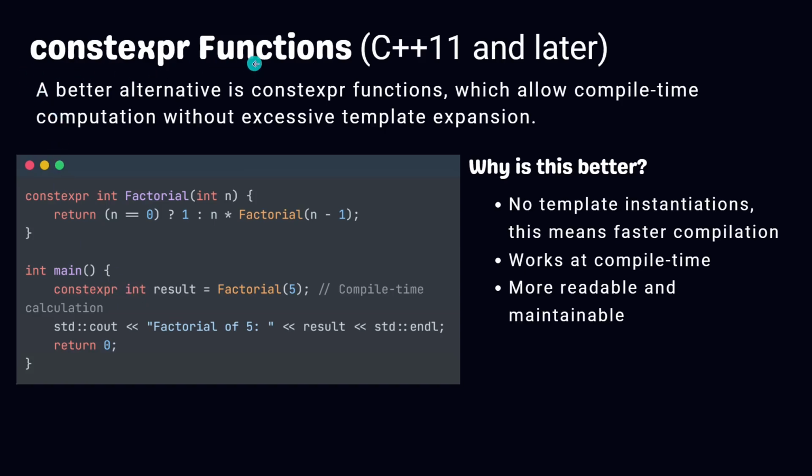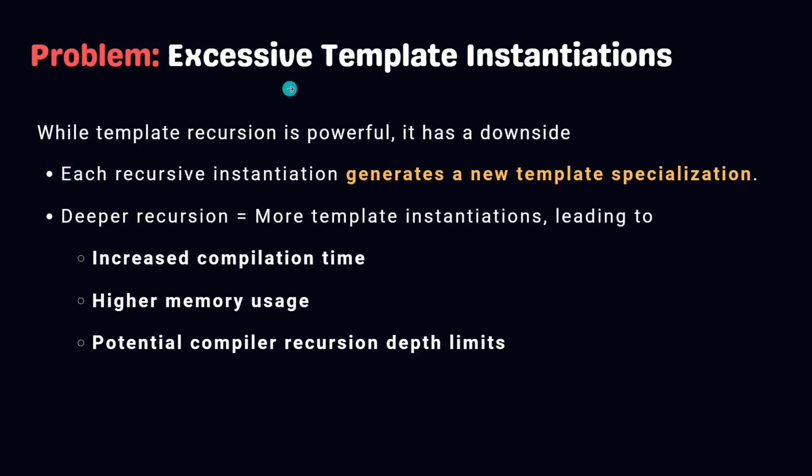The constexpr function, introduced in C++11 and later, is a better alternative which allows compile time computation without excessive template instantiation.